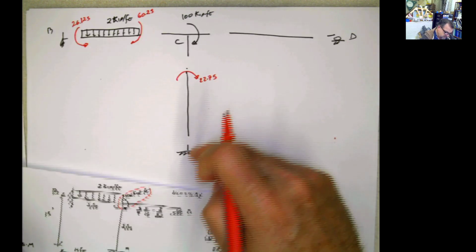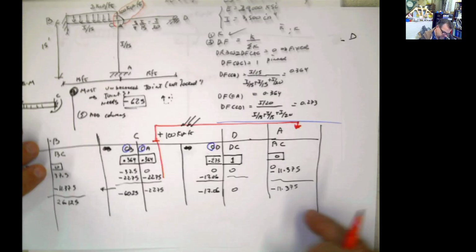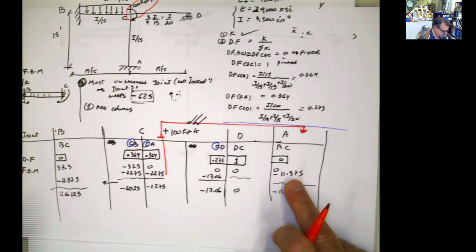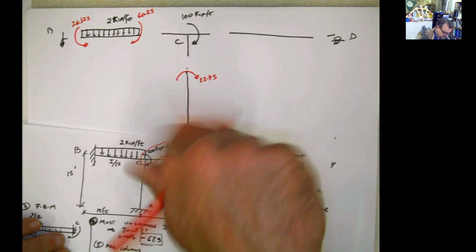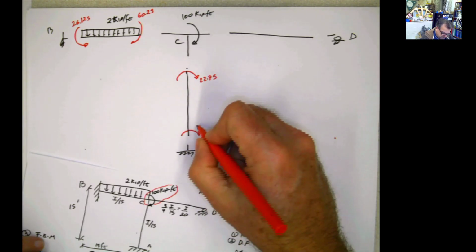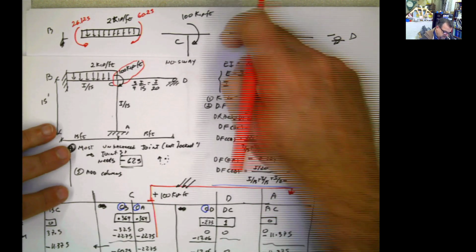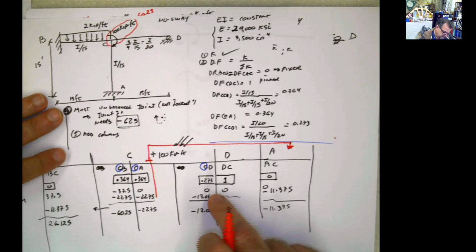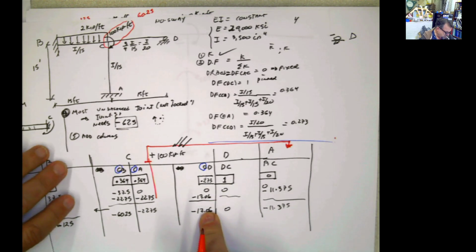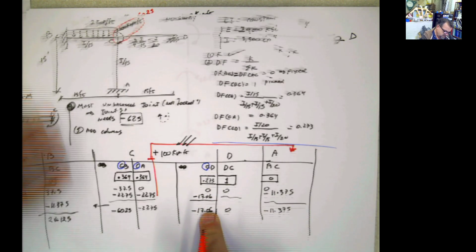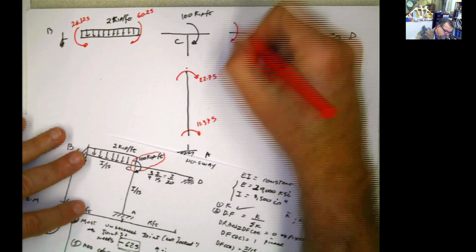And AC here, negative 11.375. So negative 11.375 is like that. And then you have CD, and CD is negative 17.06.